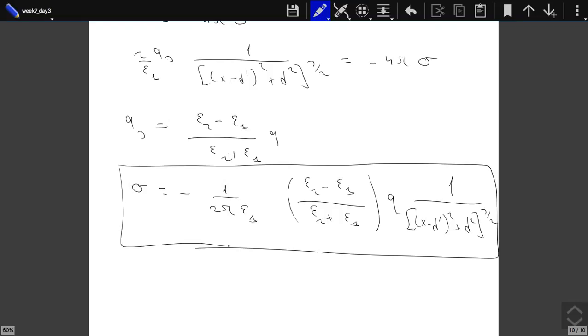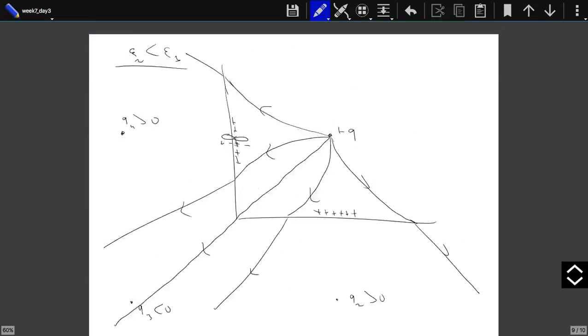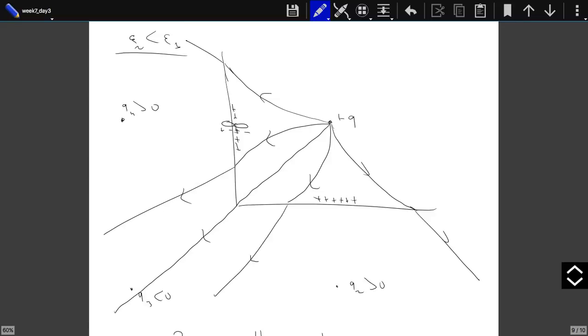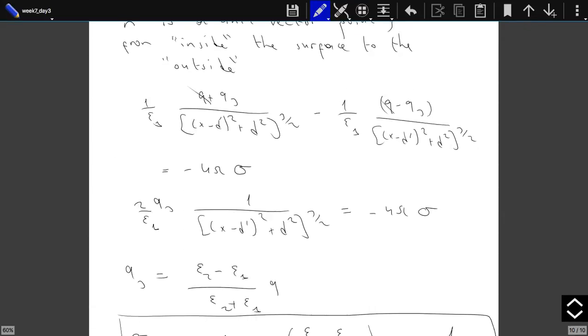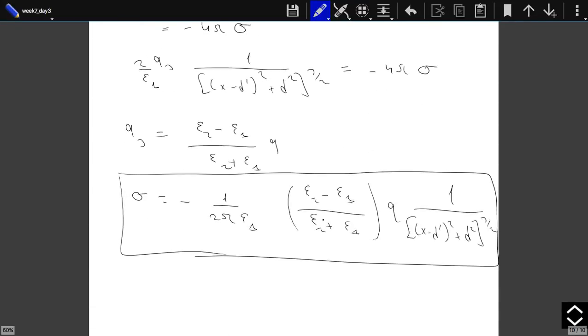So let's check if we had made any sign mistakes or not. Now one thing, if epsilon 1 is equal to epsilon 2, there shouldn't be any surface charge density because there's no interface. And if epsilon 1 is equal to epsilon 2, yes, it satisfies. Now we said that if epsilon 2 is less than epsilon 1, the surface charge density is positive. Let's see, if epsilon 2 is less than epsilon 1, then the term in parentheses is negative.